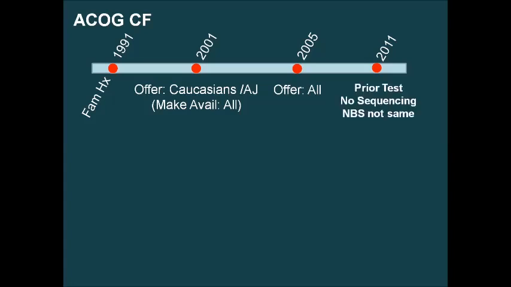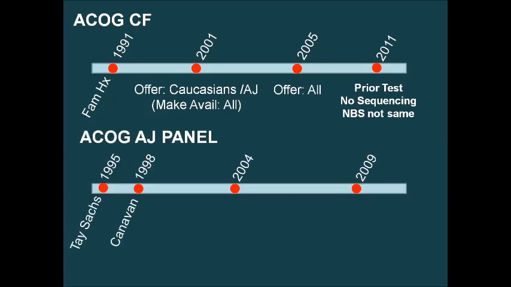And then the concept in 2011 that OB care providers should review the prior tests that might have been performed in patients so that repeat testing would not be necessary. ACOG weighed in at that time that sequencing should not be performed, and that newborn screening was not the same as carrier screening for cystic fibrosis.